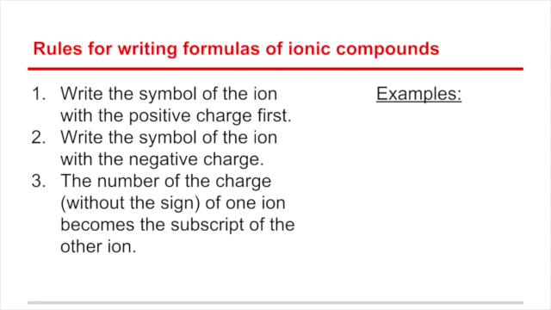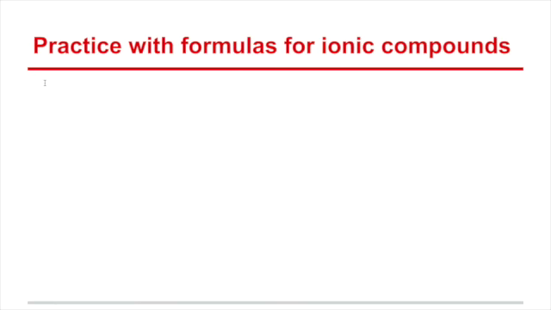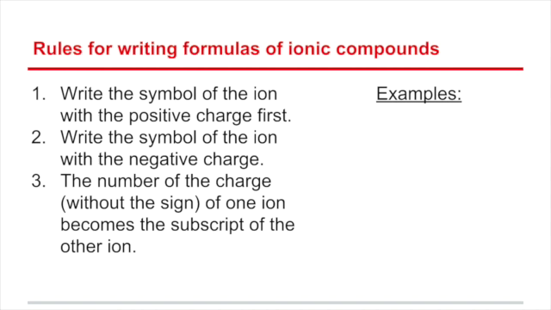So here's what we're going to do. Let's take an example. First, you're going to write the symbol. We're on step 1. We're going to write the symbol of the ion with the positive charge first. So let's just do table salt as an example, sodium chloride.